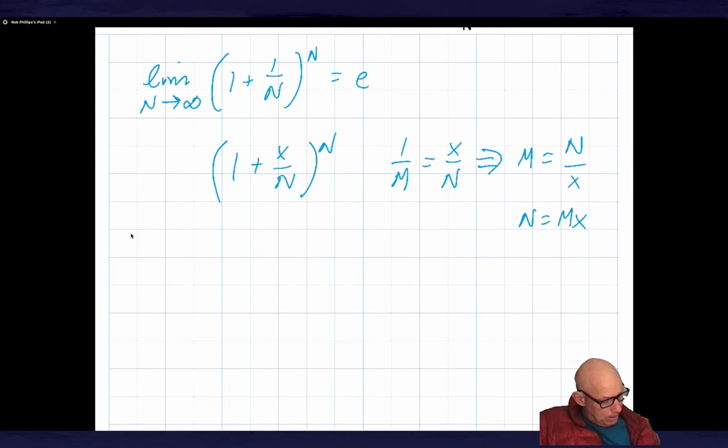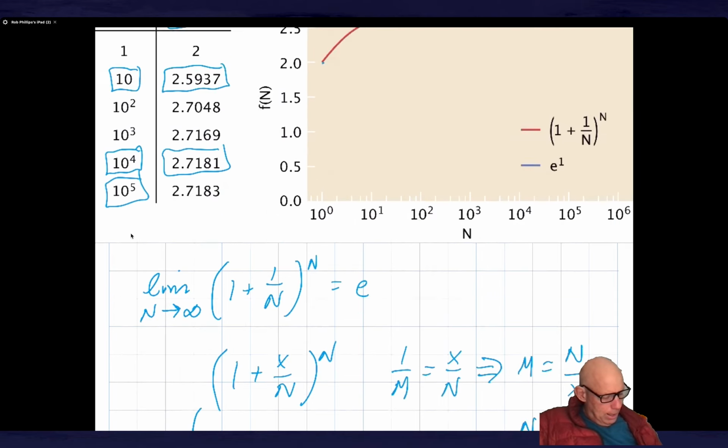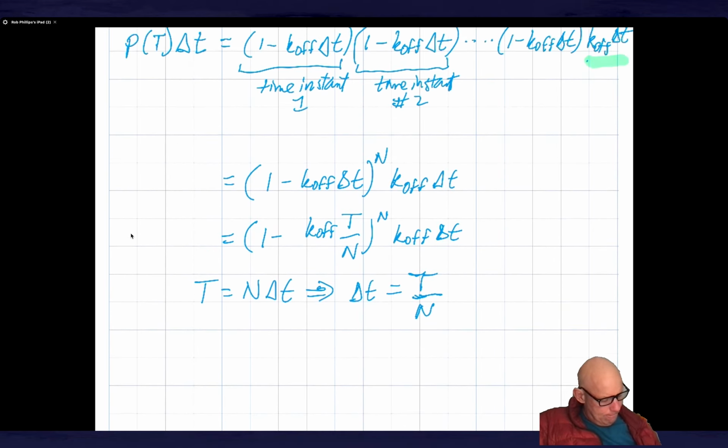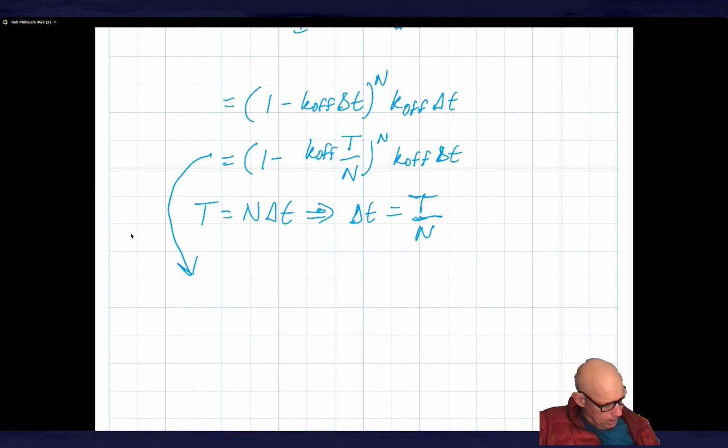So I can rewrite this thing as 1 plus 1 over m, all to the m power, and then to the x power. And that's e to the x. So what we've learned is that this expression up here, I can now rewrite as e to the minus k off t, and then times k off delta t.